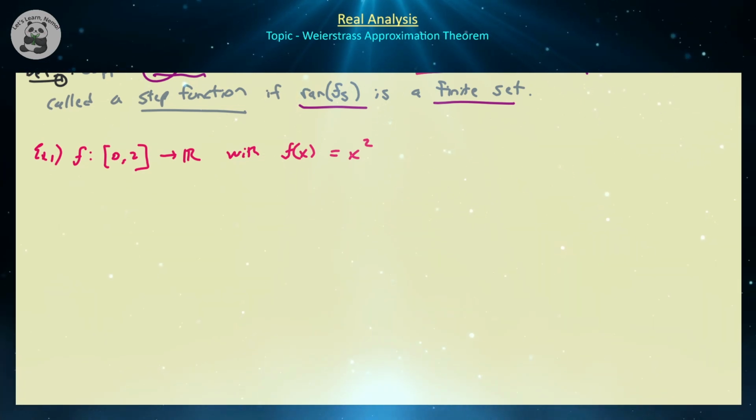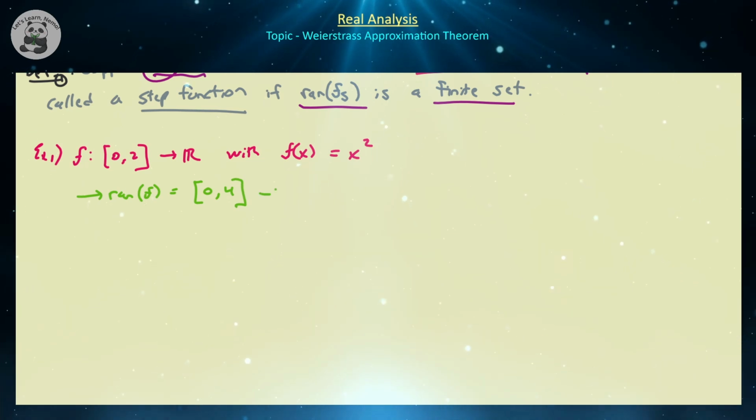In order to determine whether it is a step function or not, we need to look at the range. We should be able to easily verify that the range of this mapping is going to be equal to the closed interval 0, 4. And we already know that this set is an uncountable set, because one should be able to show that 0, 1 is an uncountable set using the nested interval theorem, and obviously 0, 1, 1, 2, 2, 3, and 3, 4 are also uncountable, and we have a union of uncountable sets, which is obviously uncountable.